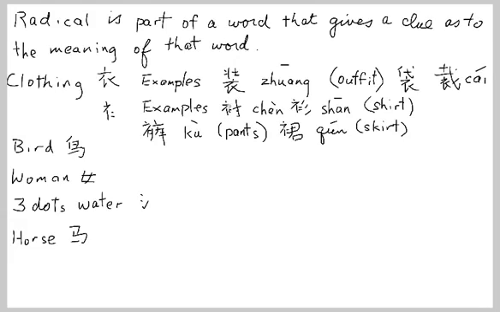Another definition of radical is bushou, which means sectional heading or classifier. Then you look up the number of strokes, usually on the right side, under this radical, and it's 3. And then you'll find this word cheng, and it will tell you the meaning of the word.